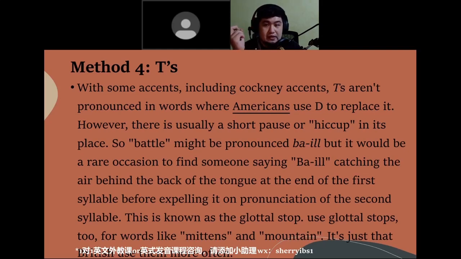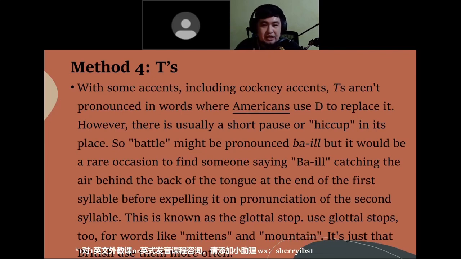Some words, for example battle, rattle, metal. In British, not Cockney, they pronounce the T in metal, battle, or rattle.